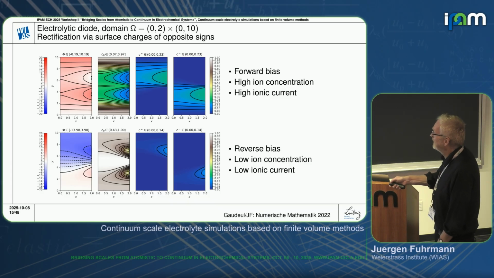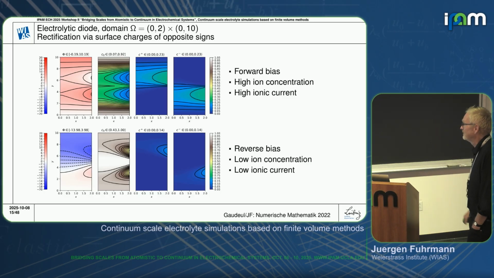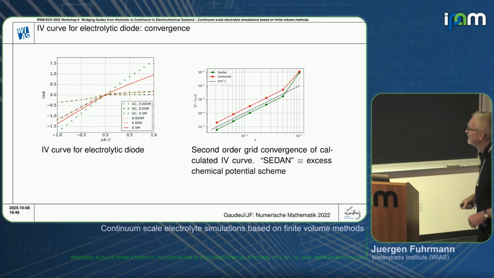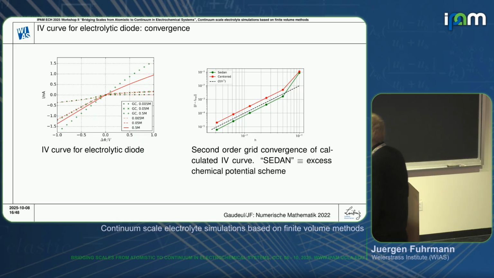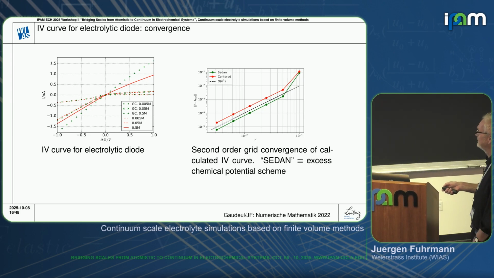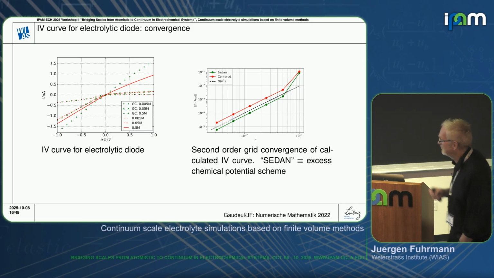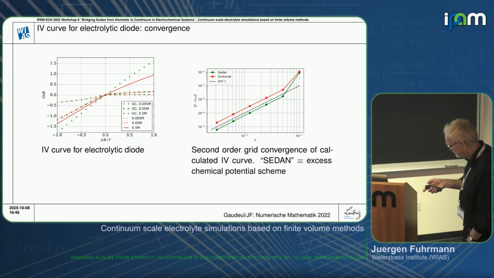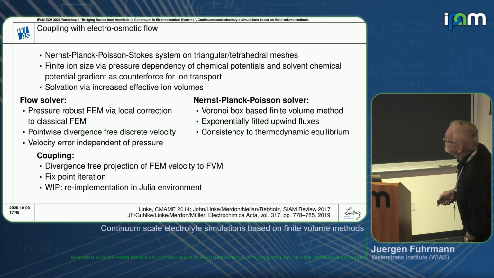Then we can apply a potential over this domain, and we can have a forward bias with high ion concentrations and a reverse bias with lower ion concentrations, and this is controlled by these opposite surface charges. And from this we see, in this example not very strong, a rectification effect. We also did numerical convergence experiments for how accurate this IV curve is, and we see a second order convergence rate. This means that our discretization scheme works well.